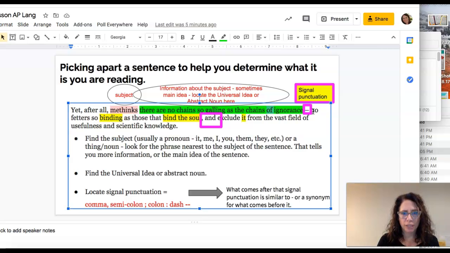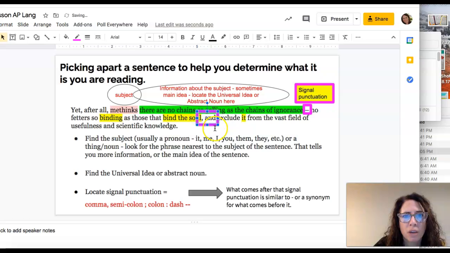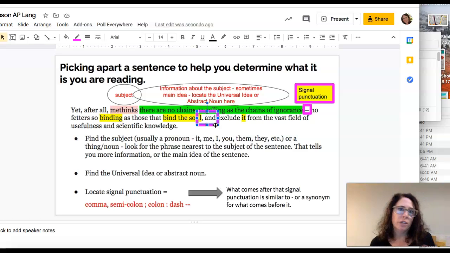So not only do the chains of ignorance hold us back, but they're so strong, right, that they bind the soul. And then we have another signal punctuation with this comma. And again, you could stop with this image of chains of ignorance and binding the soul, but we want to definitely look at what comes after that comma to build and deepen our analysis.